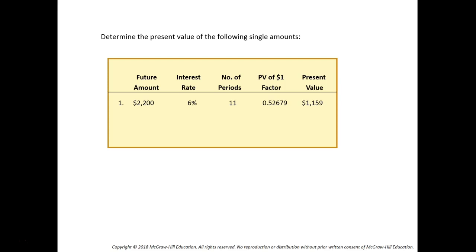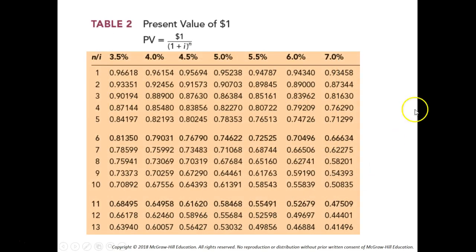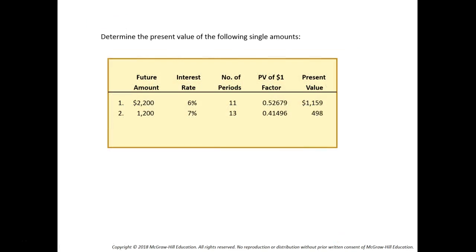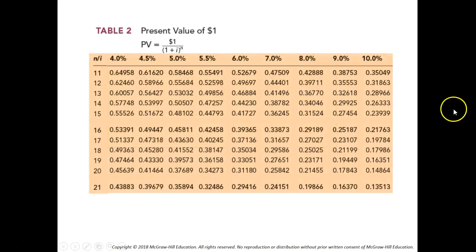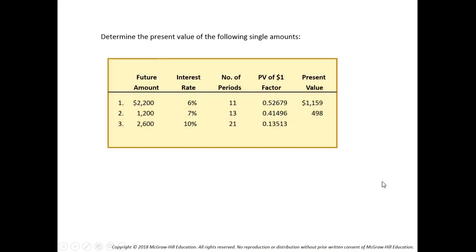which calculates a present value of $1,159. Next, $1,200 at a 7% rate for 13 periods. The factor is 0.41496. The $1,200 times that factor would be a present value today of $498. Next, the interest rate of 10% for 21 years would be 0.13513.